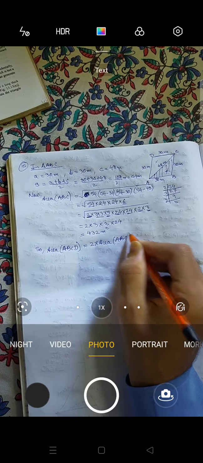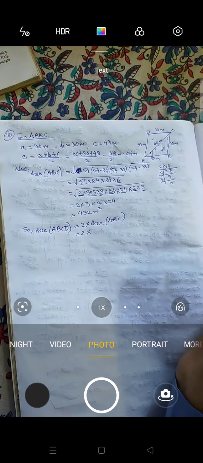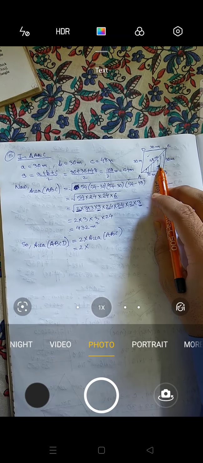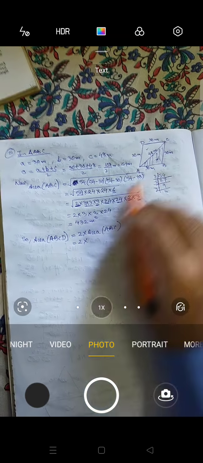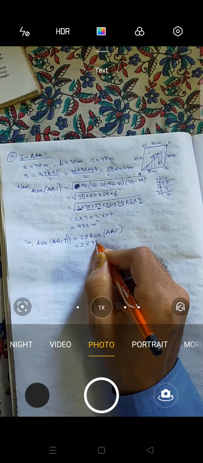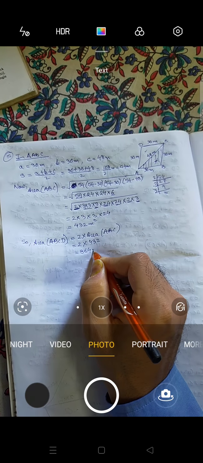Any doubt? Both are equal. So if this is 2, this will be 2. So we are multiplying it by 2. 2 into 432, so we will be getting 864. Any doubt?